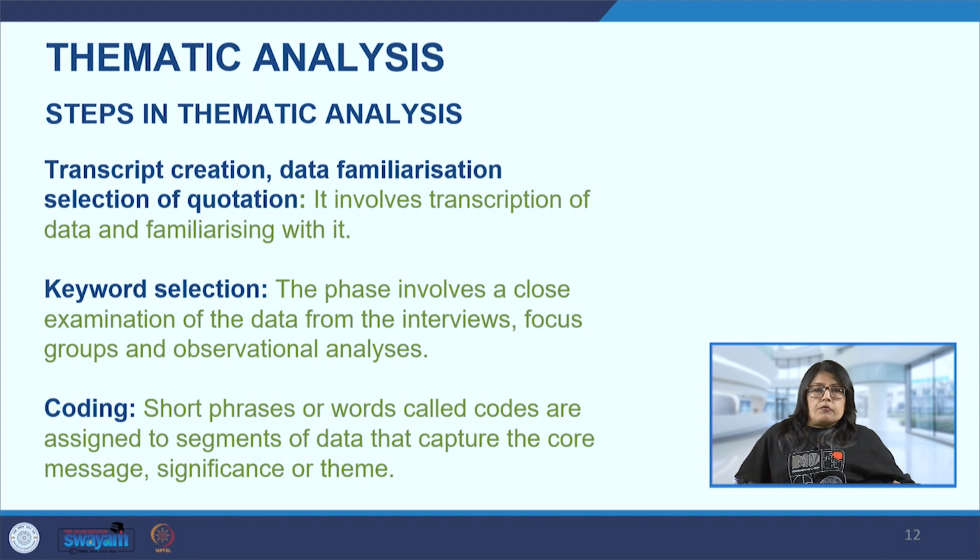Now once I have these keywords and this data in front of me, I will derive some codes out of it. Coding is short phrases or words, called codes, that are assigned to segments of data and capture the core message, significance or theme. Lack of basic amenities, for example, can be a theme that the German counterpart is facing.